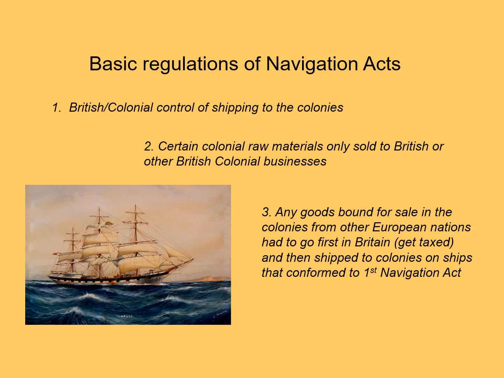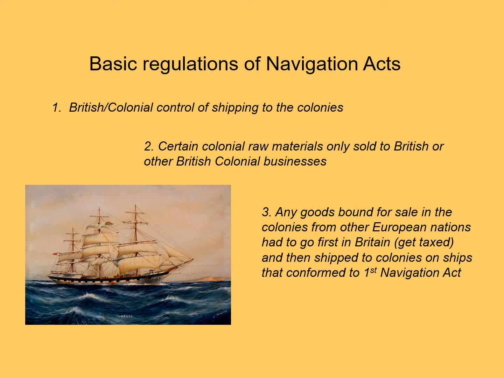And that's to make sure that Britain gets some cut of the business that the colonists do have to do with other nations. If you make those products have to go to Britain first, you can levy a tax, you're going to get something out of this deal. And then you make sure that they're shipped to the colonies on ships that, again, are British or colonial.